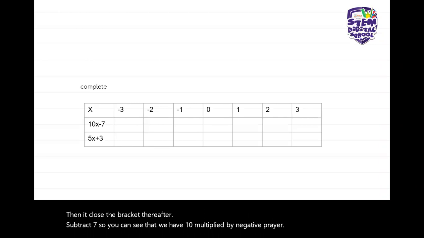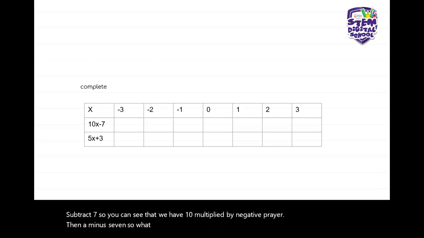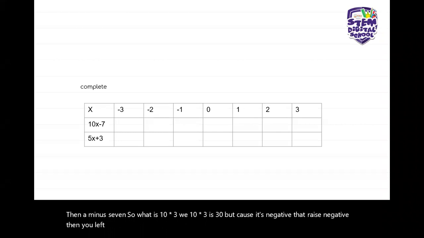So what is 10 times 3? We all know 10 times 3 is 30. But because the 3 is negative, you'll have negative 30 minus 7. Who can tell me what is negative 30 minus 7? The answer that you get is negative 37.